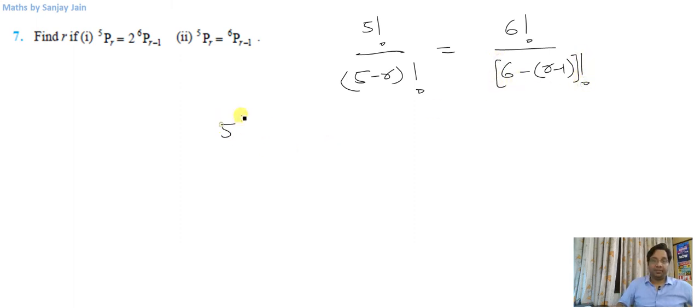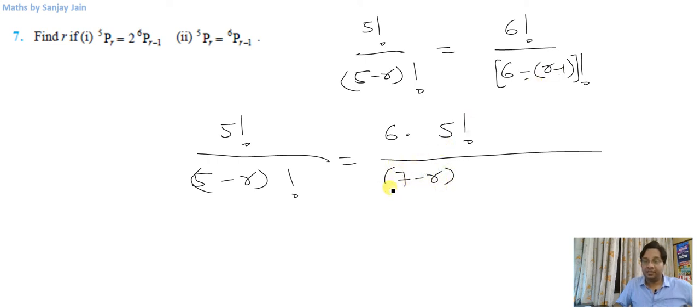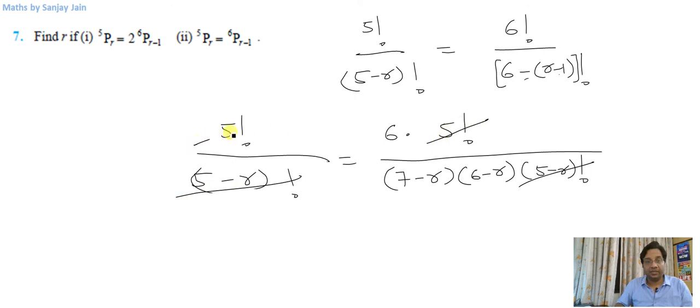So the left hand side is 5 factorial by (5 minus r) factorial, and the right hand side can be rewritten as 6 into 5 factorial in the numerator, and in the denominator, this minus and this minus will become plus. So this is (7 minus r) factorial. So I can write this as (7 minus r) into (7 minus r minus 1), that is (6 minus r), then (7 minus r minus 2), that is (5 minus r) factorial. Now I will cancel 5 factorial from here and from here.